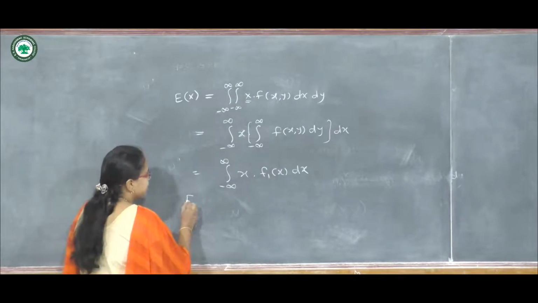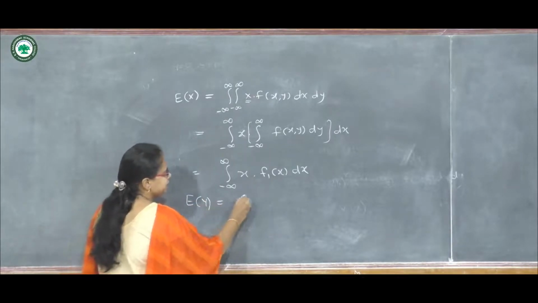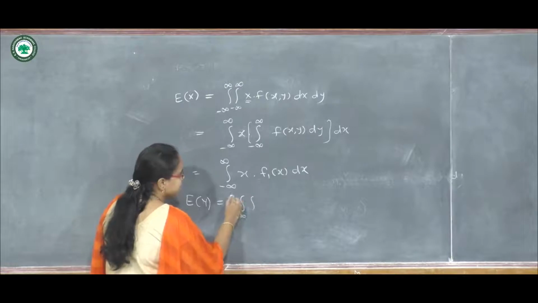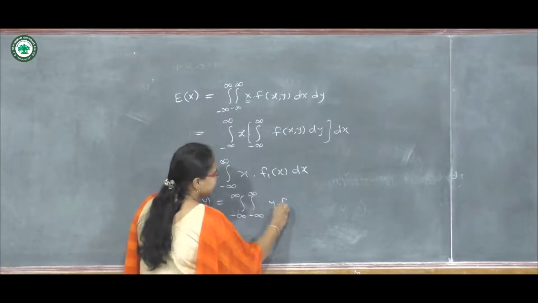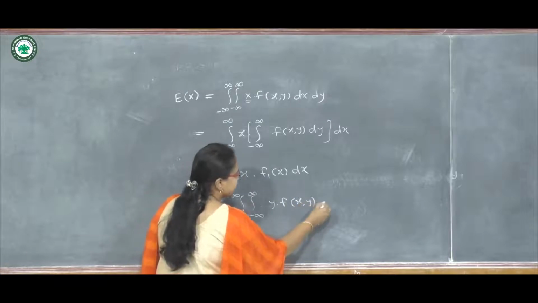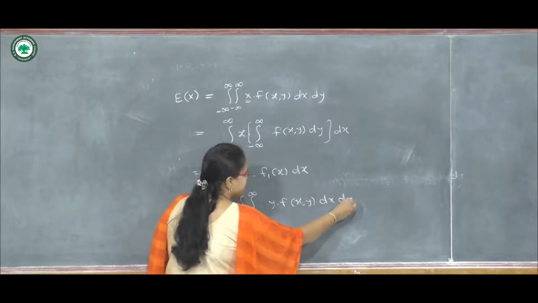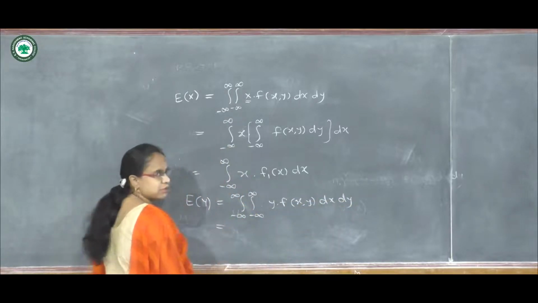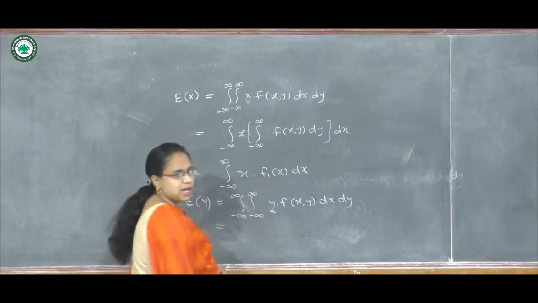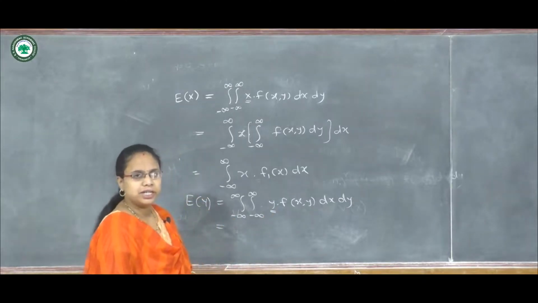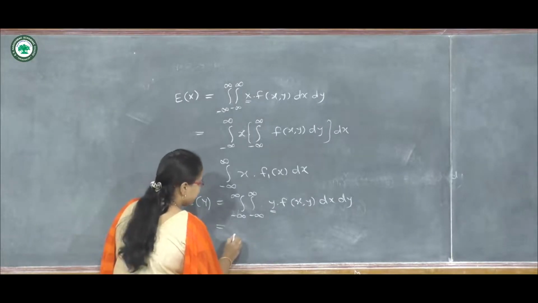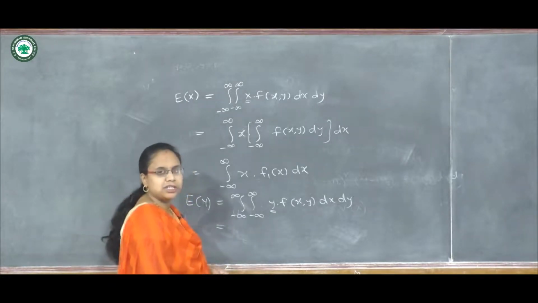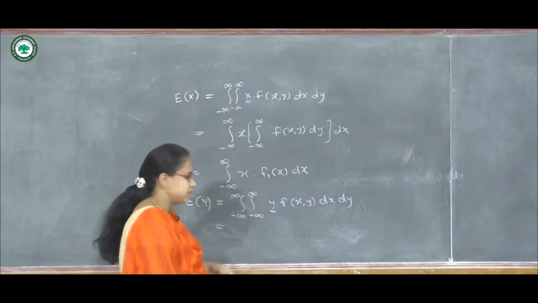Similarly, expected y, its definition is from minus infinity to infinity, y into f of xy dx dy. So we can take this y as a constant for the integration over x. So this is integration over x, and I can interchange the integration. This is the rule.